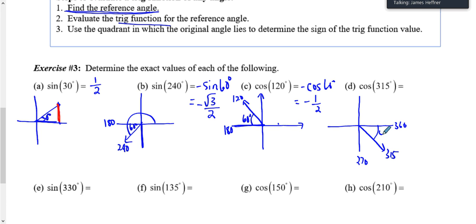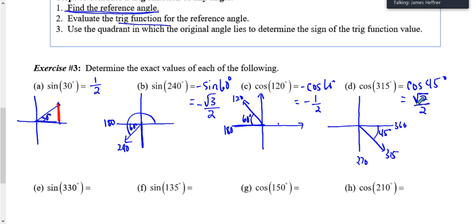Everybody agrees it's 45 degrees? And we're looking for cosine, which is positive. So what's the cosine of 315 degrees? It's square root of 2 divided by 2. Positive, because it's out there to the right.